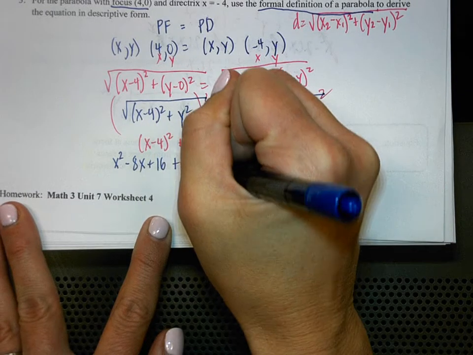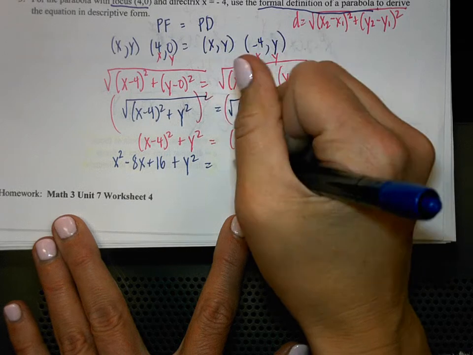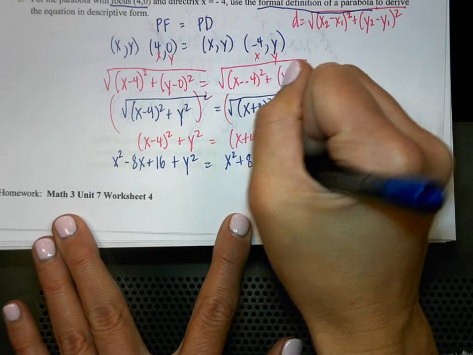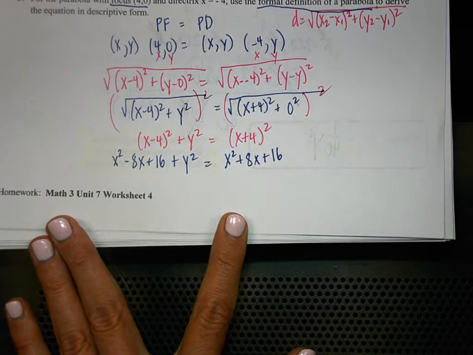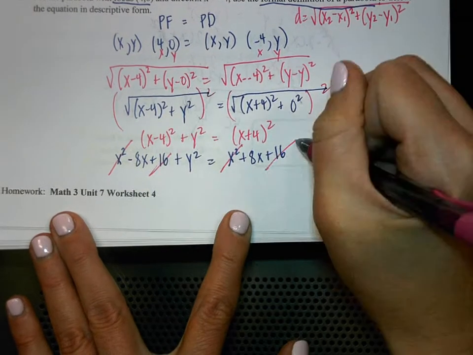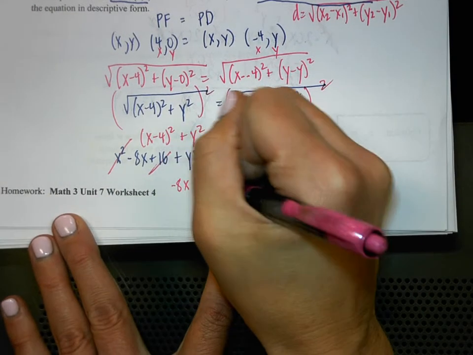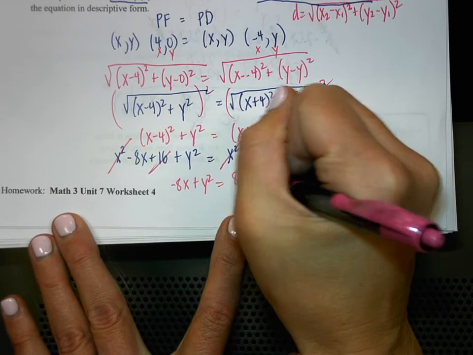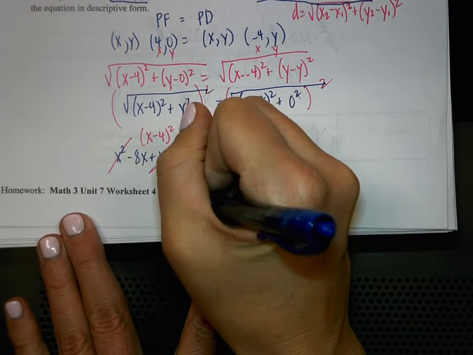Plus y squared equals, what does (x plus 4) squared multiply out to be? Perfect. Are there any like terms I can cancel out? The x squareds, and the 16s. Okay, and so I have -8x plus y squared equals 8x. What will I do next? Very good. Add 8x to both sides.